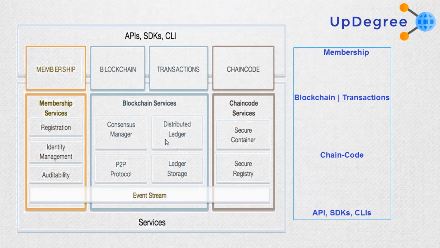It contains a registry, and the whole thing is event streamed, and it's supported by APIs, software development kits, and CLIs. So this is a matrix, or a framework, of Hyperledger. But you want to understand 4 things: it has membership, blockchains and transactions, chain code, and it comes with APIs, SDKs, and CLIs. Hope it is clear. So here we have seen 4 different layers of blockchain from Hyperledger.